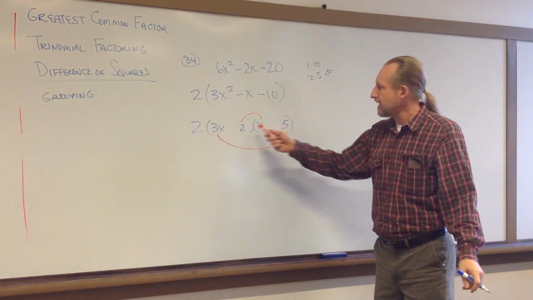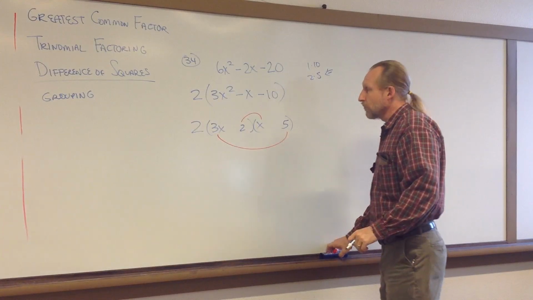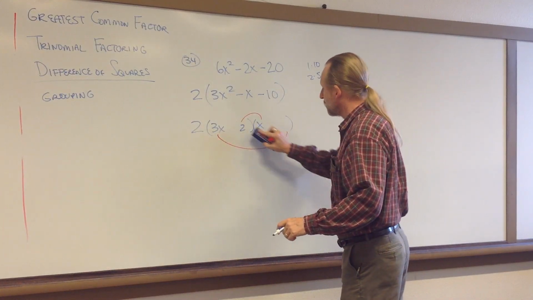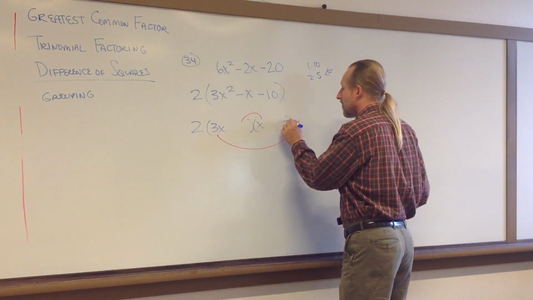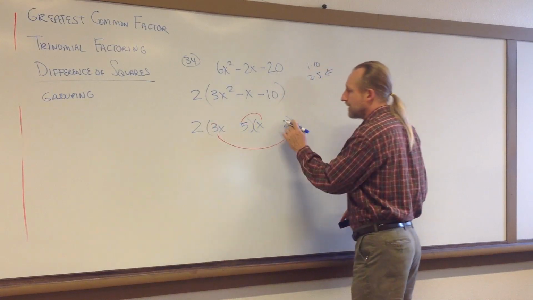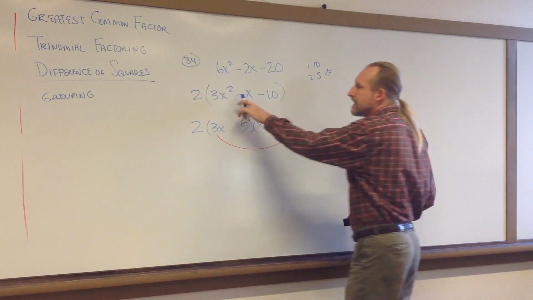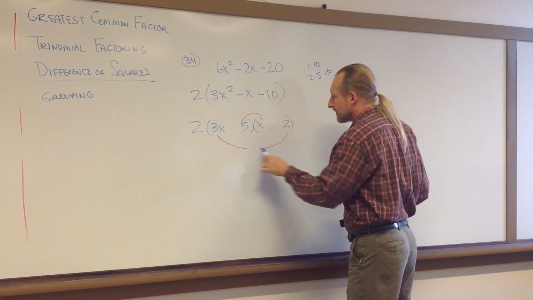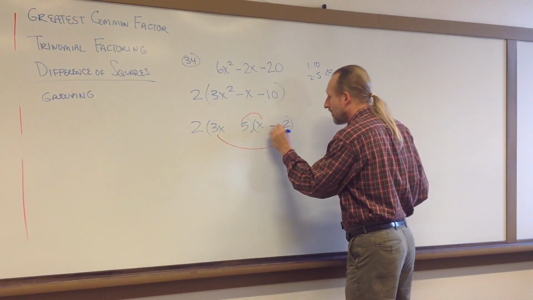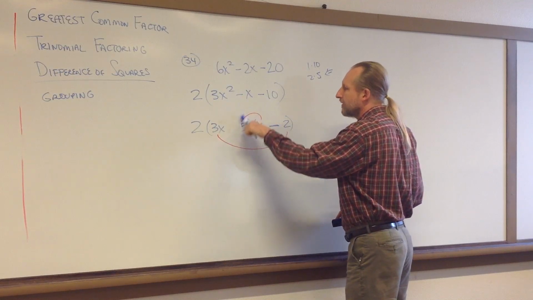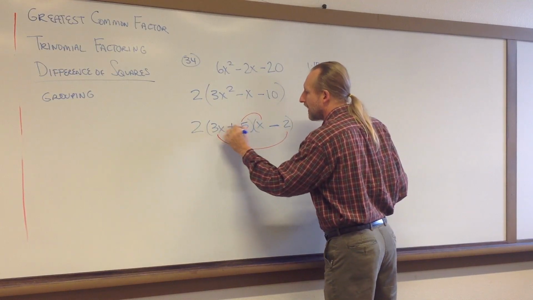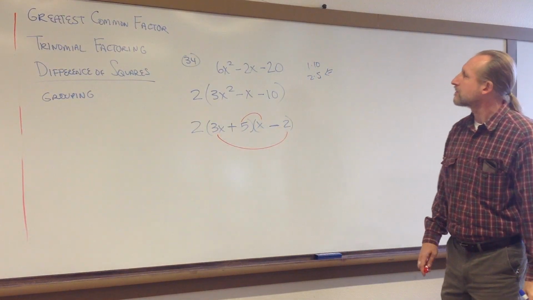This will be 15 minus 2 is 13. That doesn't work. So let's swap the 2 and the 5. And there's 6 minus 5 is 1. Excellent. Now, notice that we want a negative 1. That means this 6 right here has to be negative. And the 5 right here has to be positive. Okay.